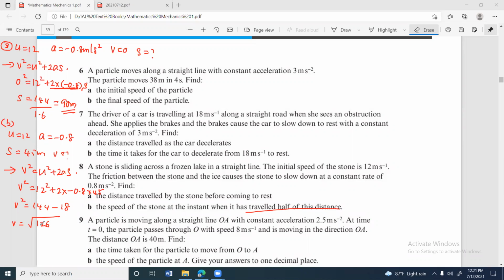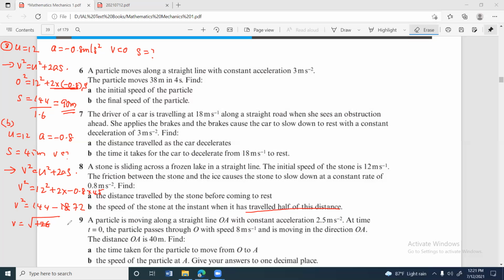The initial speed is 12 squared, then 2 into 0.8 into 45. It's 72, not 18. So V squared equals 144 minus 72, and the answer is root 72.